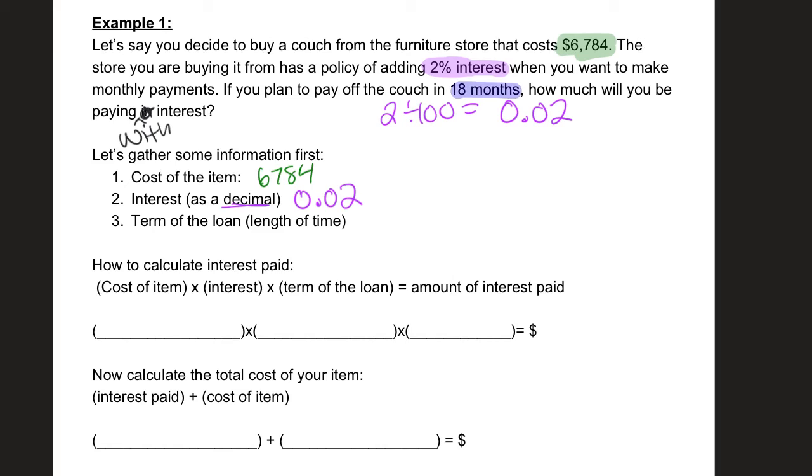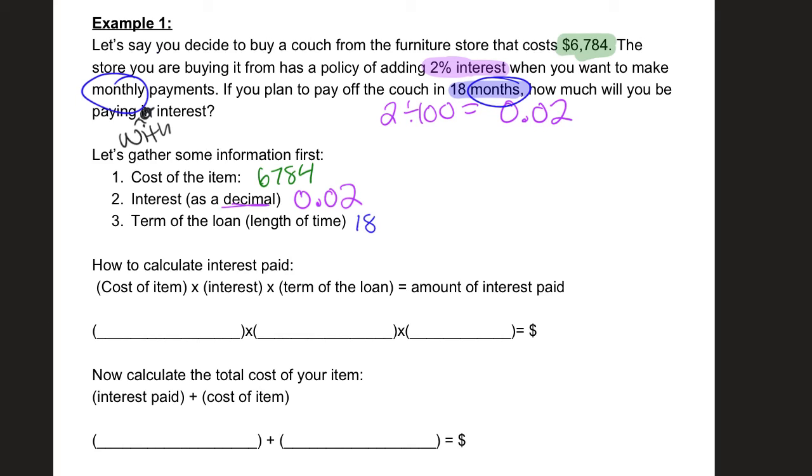And it's going to take 18 months to pay that off. Okay, so notice how the interest is in months and the payment or time length is in months. Those need to match up. So if it gives you years, you would need to change it, and if it gives you months and years, you just need to change to the other.